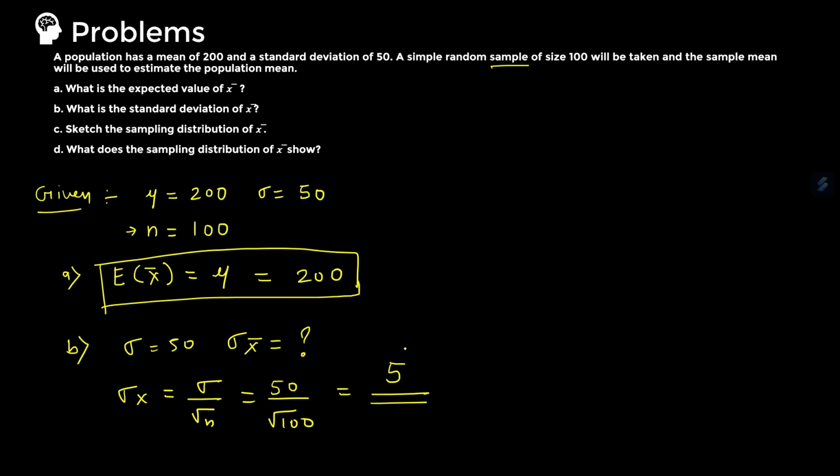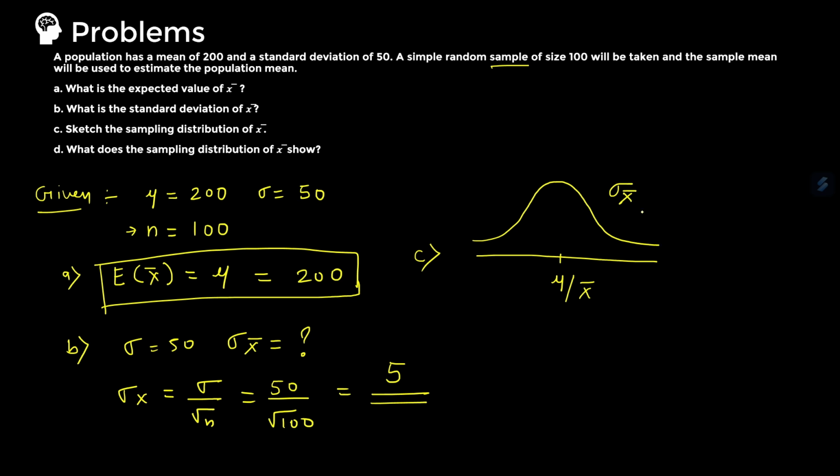Moving on to the next question, which asks us to sketch the sampling distribution of x bar. We will just draw this normal distribution diagram. In the middle lies mu, and here lies the standard deviation of x bar. You can write it as mu, or you can write x bar over here.